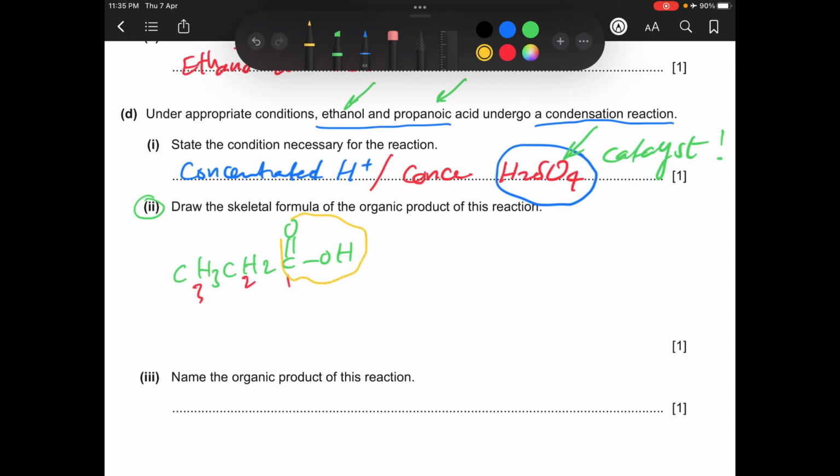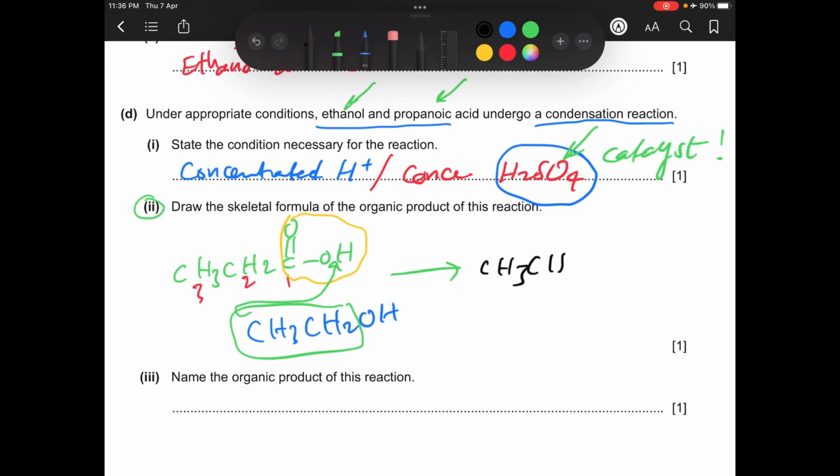Ethanol has 2 carbons bonded to OH: CH3, CH2, OH. Once you make this reaction, you take this part and replace it by the hydrogen, so the product looks like CH3, CH2, C double bond O, O, CH2, CH3.